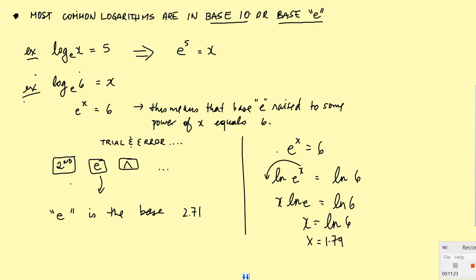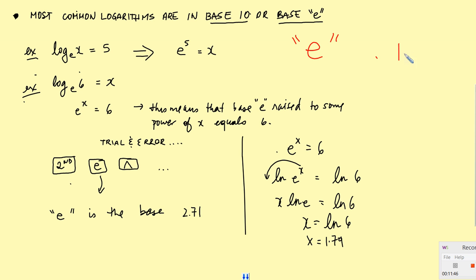All right. Now, the very last thing I just want to mention, and I will stop there, is that the most common logarithms that we deal with are going to be in base 10, but sometimes they're also in base e. What does base e mean? Base e is nothing more than another special type of base.